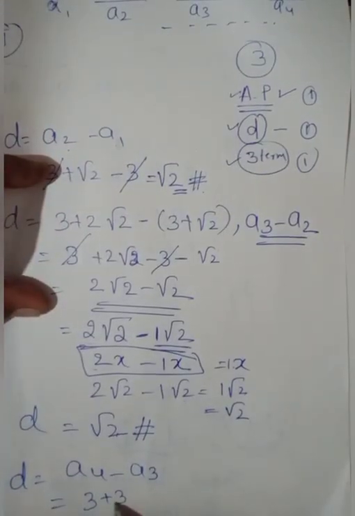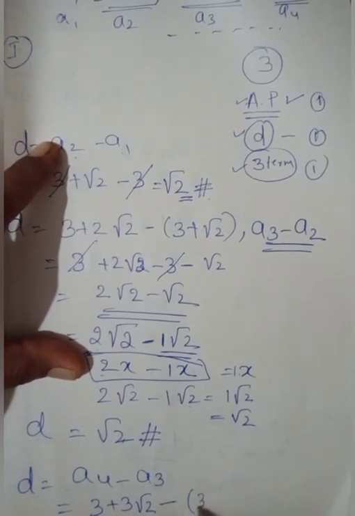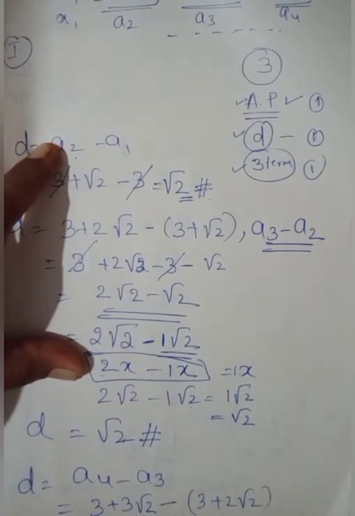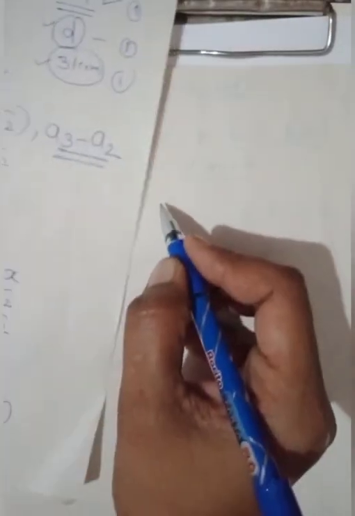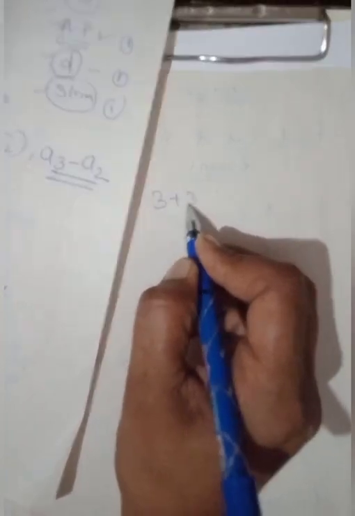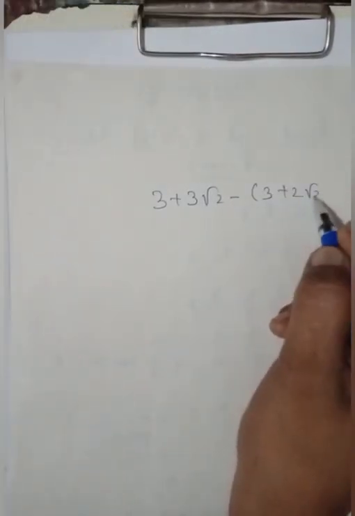What is the fourth? This term is 3 plus 3 root 2, minus A3, which is 3 plus 2 root 2. Put the bracket. Now I am writing the same thing here: 3 plus 3 root 2 minus, bracket, 3 plus 2 root 2.